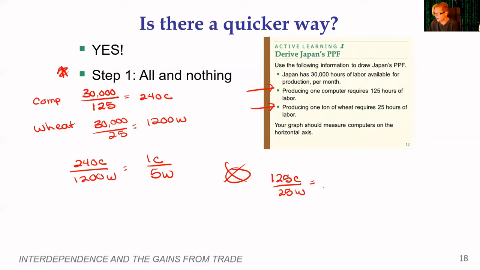Here we would have said, okay, 25 being the highest common multiple that goes into both. Okay, so you would have ended up with 5 computers to 1 wheat, and that's exactly the opposite of what the correct answer is. So you don't want to do that, okay? You always have to do the all and nothing approach, even if you're using shortcuts.